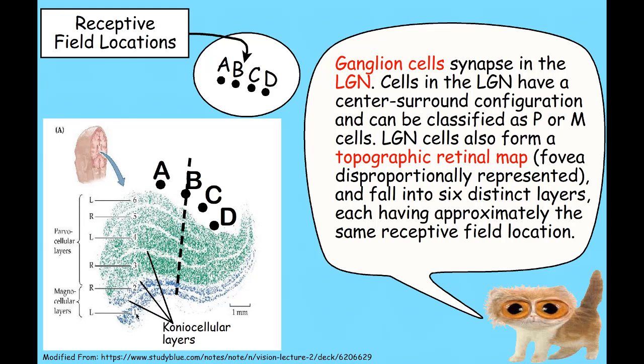So when we look at this representation here of an actual slice of a LGN, I believe from a cat, right? Well, one of the things we ought to notice is that there are 6 layers here in the area that's really representative of the fovea. As you move out from the fovea, you start to see the layers shrink in size.